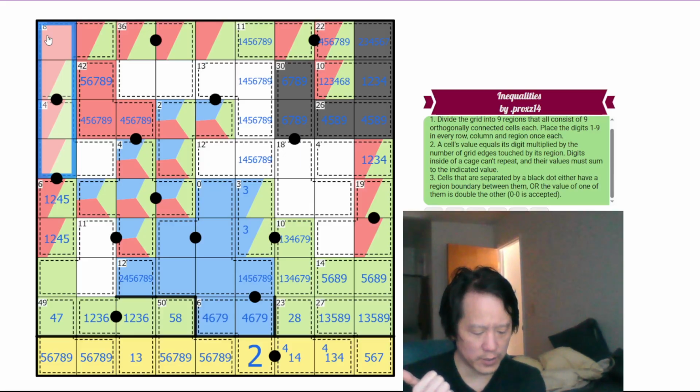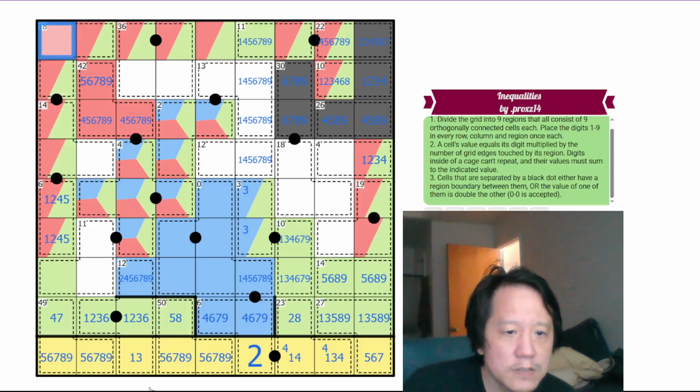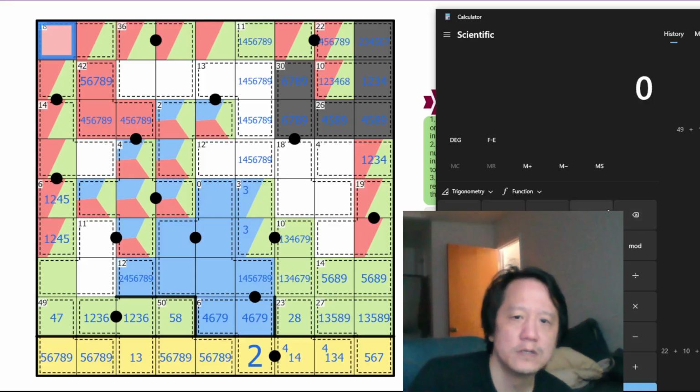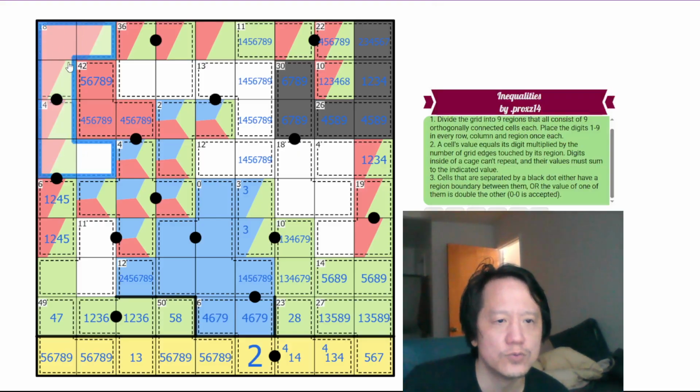It would have to be either 1, 2, 2, 4, 1, 2, 1, 5, or 2, 4 as digits. So, can we have 3, 4, 5, 6? That's 18 times 2. That's 36 already, which is greater than 32. So we can't have 3, 4, 5, 6 as a double.